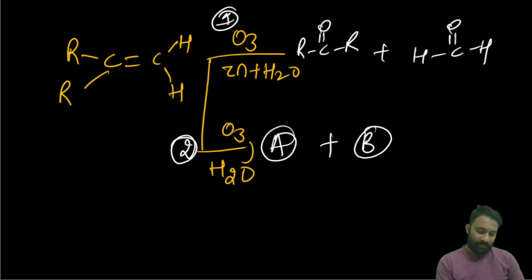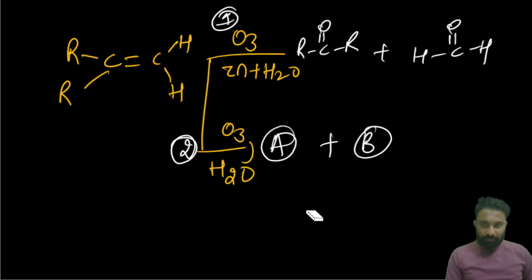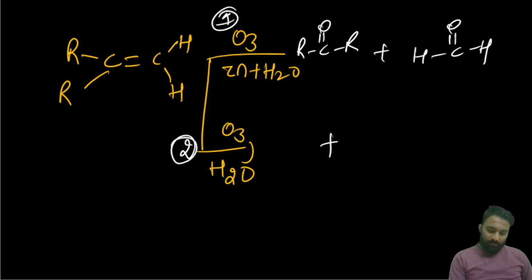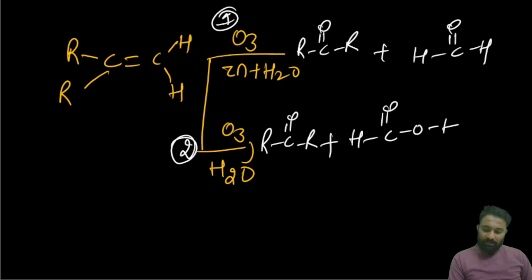Okay. In the second one, A and B, formic acid. But you have to be very careful here. Whenever it has been converted into the formic acid, it will not exist in this nature.